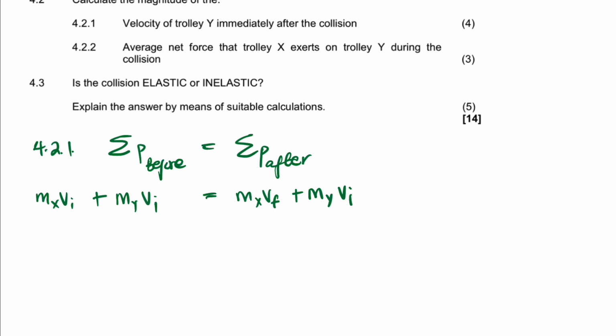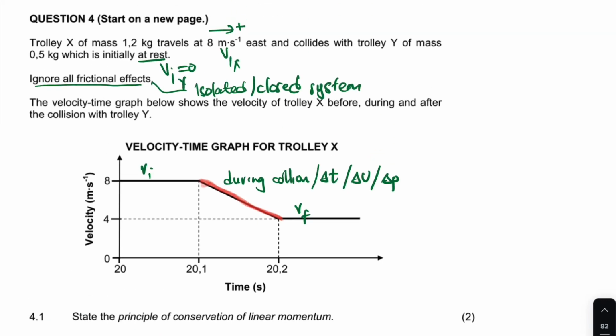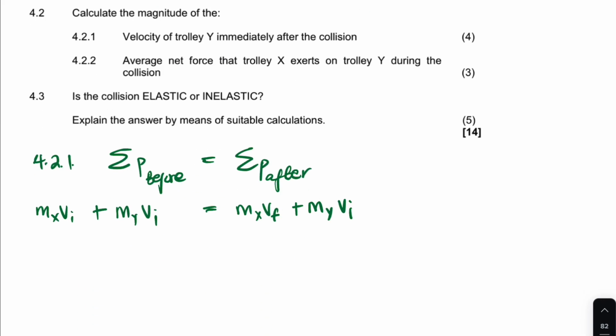Substituting there, it's very important to be mindful of directions. So the mass of trolley X is 1.2, and trolley Y is 0.5. So it's 1.2 times the velocity, which was 8 initially, and then the mass of trolley Y, 0.5, and its initial velocity, which is 0.